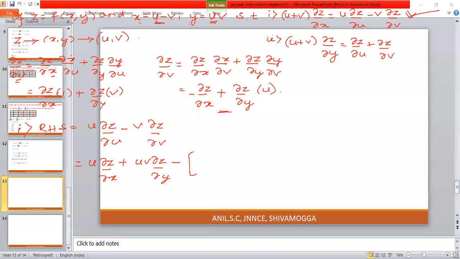This is del z by del v. Required is v into del z by del v. Multiply this equation throughout by v. What we get here is v into minus del z by del x plus v into u, that is uv into del z by del y.